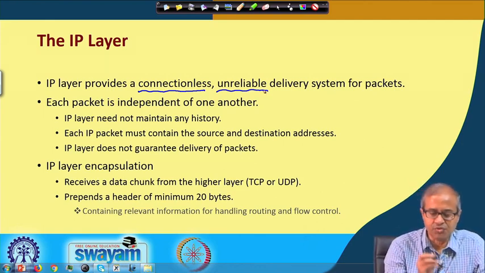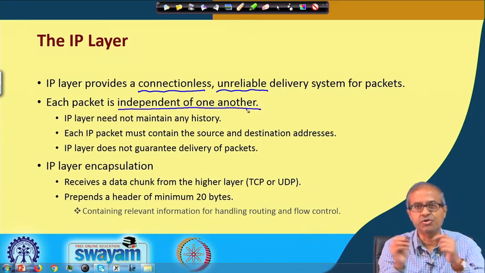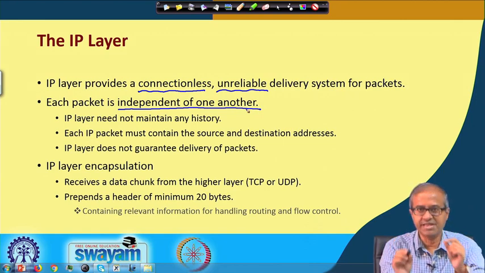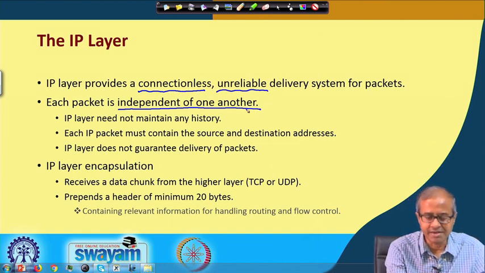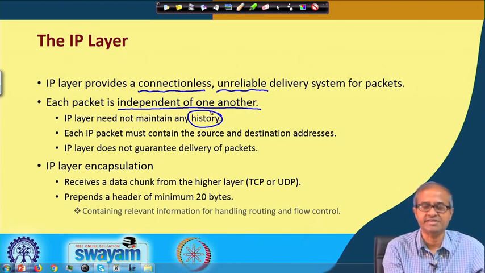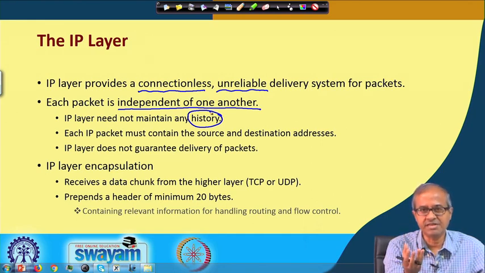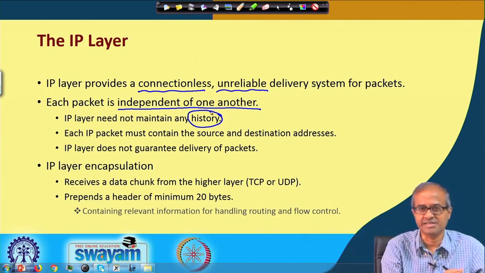Now, in the IP layer one thing we mentioned, just like datagram, each packet is independent of one another. There is no relationship between successive packets. So, in that sense the IP layer does not maintain or need not maintain any kind of history, and it must be provided with sufficient information so that it can forward the packet correctly to the final destination. For that what is required?